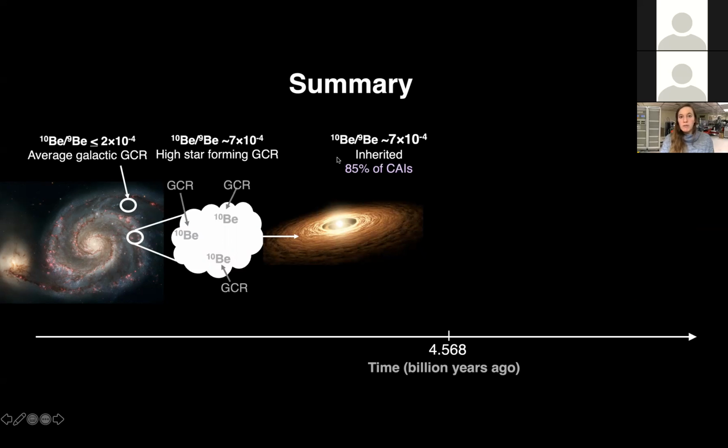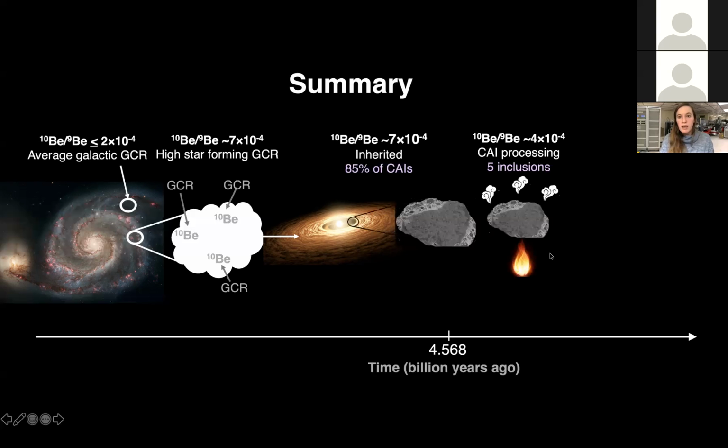So 85% of CAIs, according to this study, have a 10-9 beryllium ratio of about 7 times 10 to the minus 4, which implies that 85% of CAIs have the inherited level of beryllium-10. And so the CAIs were formed there.